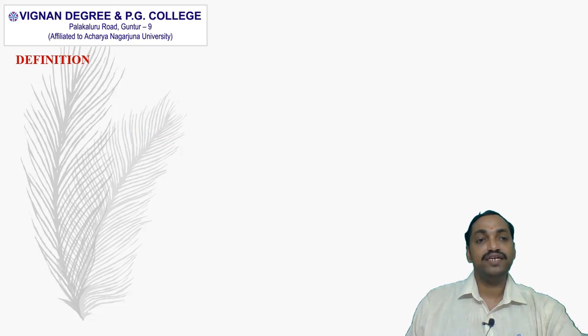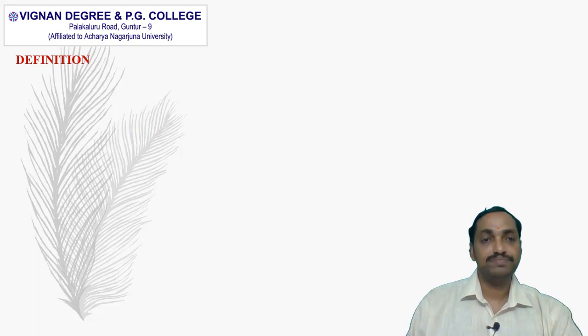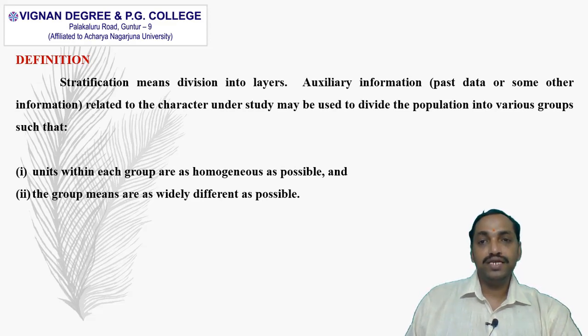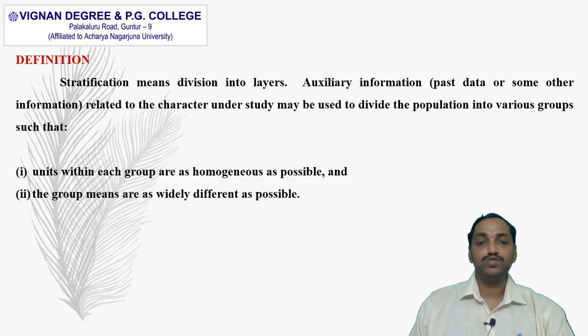First, let us have a look at the definition of stratified random sampling. So, stratification means a division into layers. Auxiliary information, that is past data or some other information related to the character under study, may be used to divide the population into various groups such that units within each group are as homogeneous as possible and the group means are as widely different as possible.